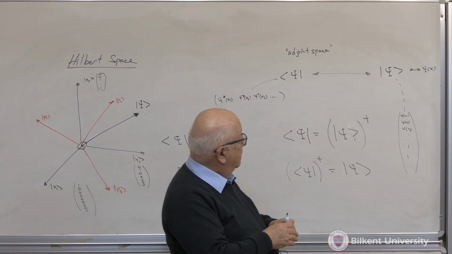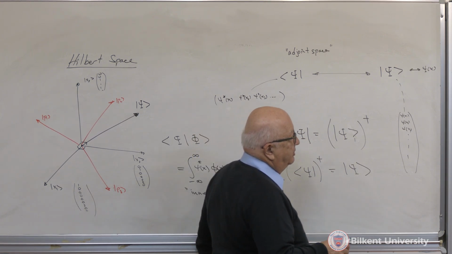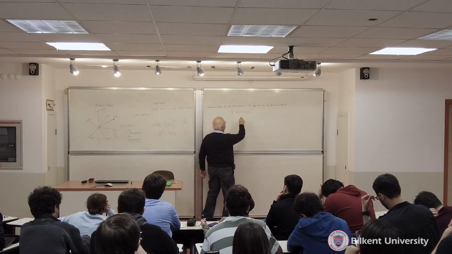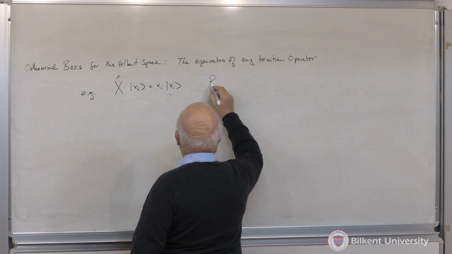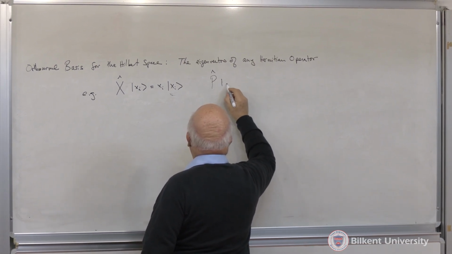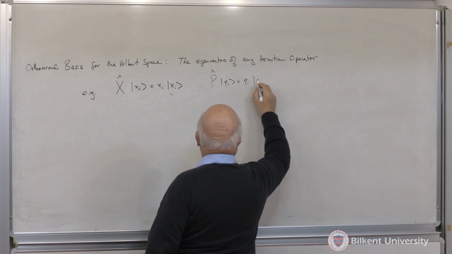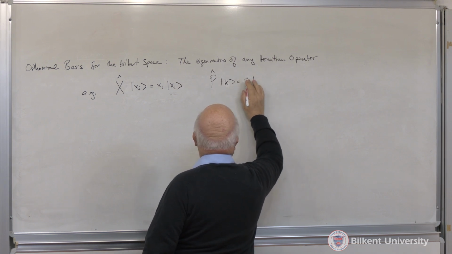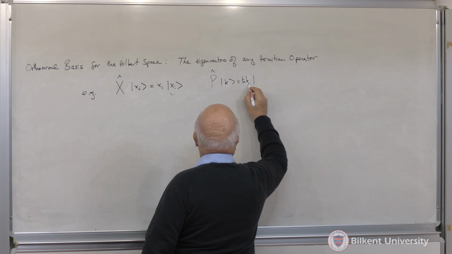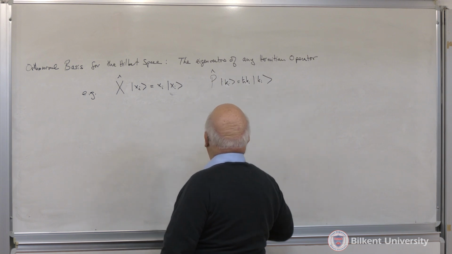A trick is to introduce an operator. For example, the momentum operator, p_i is equal to p_i. In fact, let me just use my k's. I have been using k for h bar k_i.